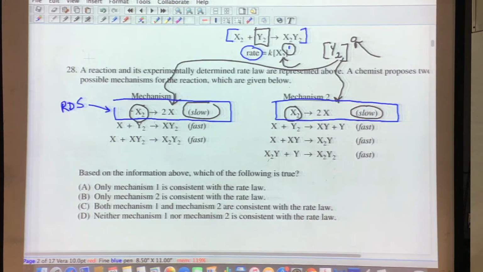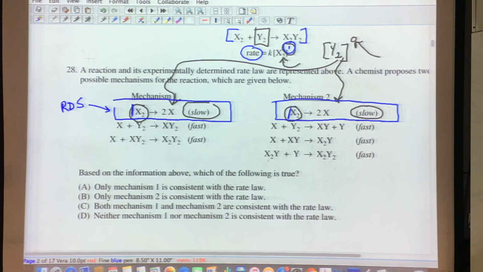And coefficients are never going to be the exponents unless we know the reaction is a single step. Since this entire rate law is based on this single elementary step, then we can use this coefficient of 1 for both of them and make it into the order.